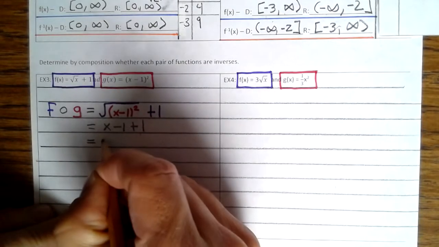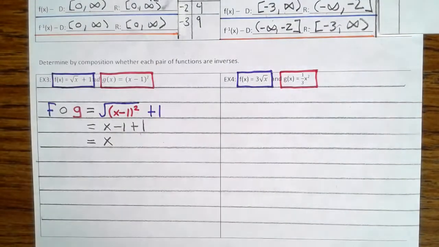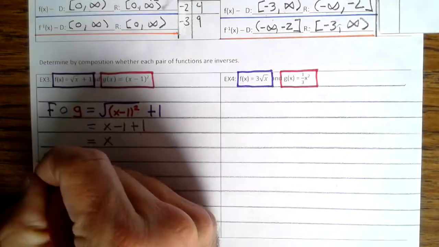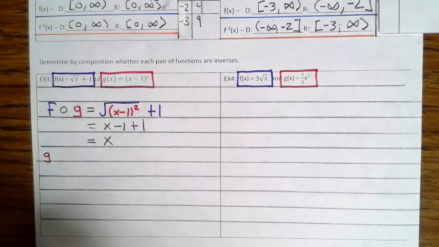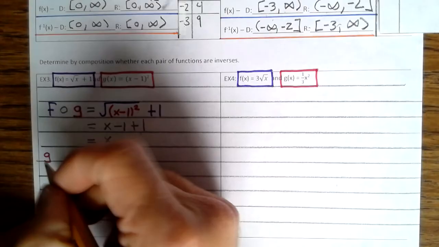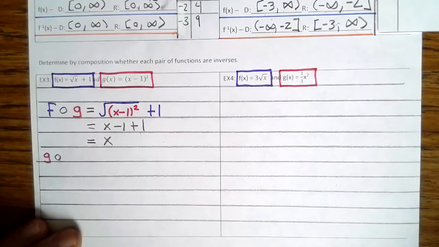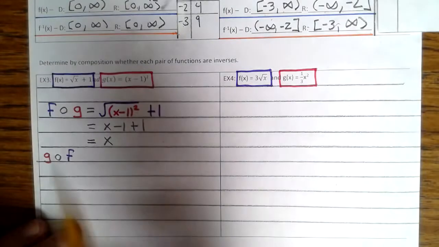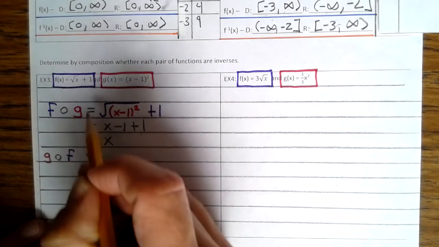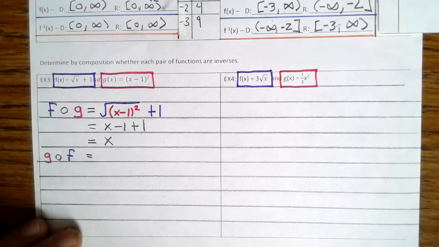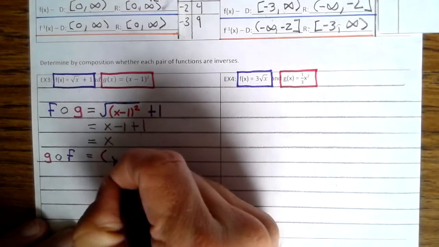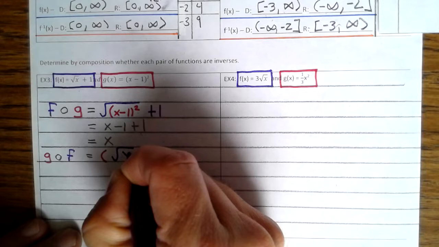So now let's do g of f. So now we're going to substitute f into x. So that's parentheses, the square root of x plus 1 minus 1 squared. Okay.